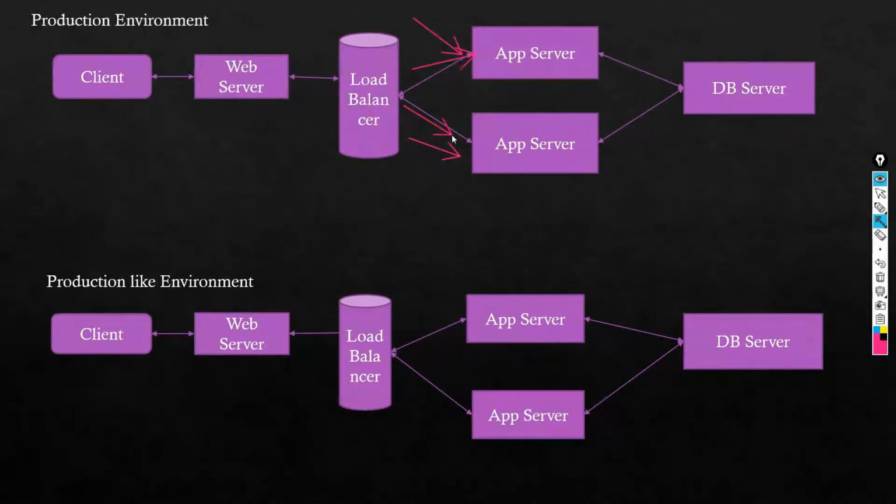Why? If all the 1,000 requests are sent to this server, the other will be idle and this one will be unnecessarily overburdened. So there should be some load balancer mechanism where the load will be equally distributed.